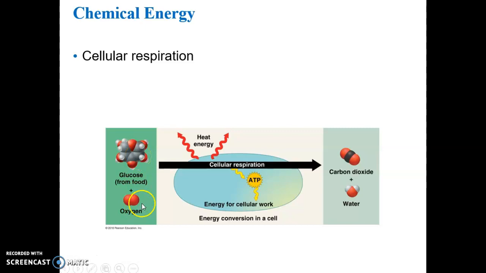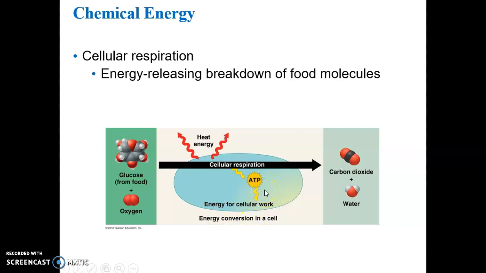Oxygen is utilized, and the energy that's released eventually gets transferred onto the ATP molecule. Some heat's lost. The waste molecules are carbon dioxide and water, and then that ATP molecule can be used to drive cellular work like muscle contraction.